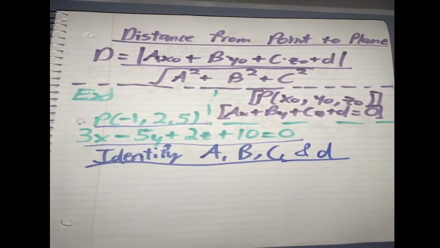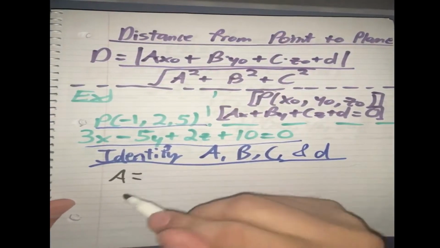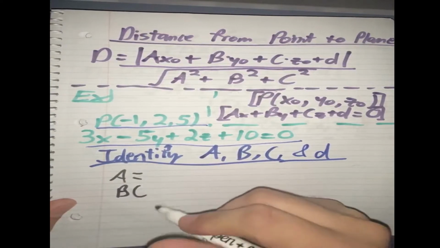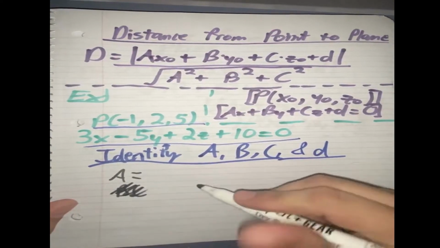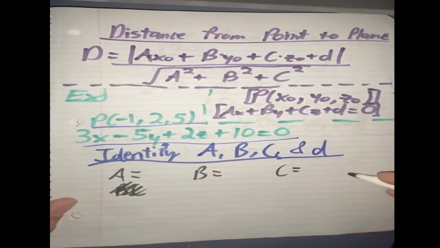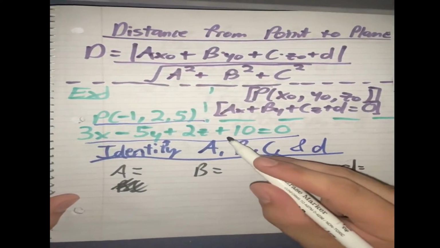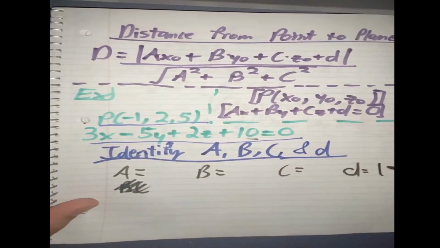So in this case, our A, B, C, and D. So our D, being our constant, will be 10.